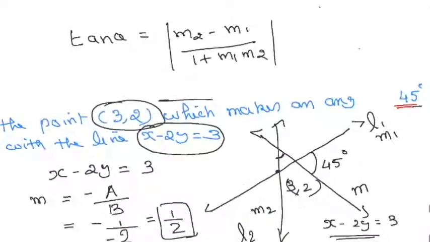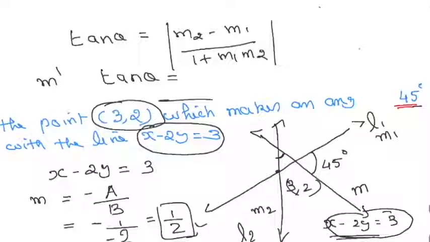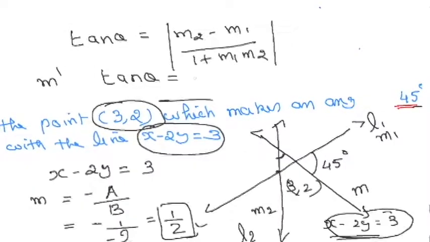Here we represent the unknown slope by the letter m dash, and the slope of the given line x minus 2y equal to 3 is m equal to 1 by 2.